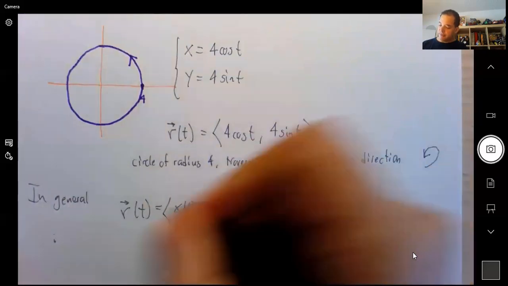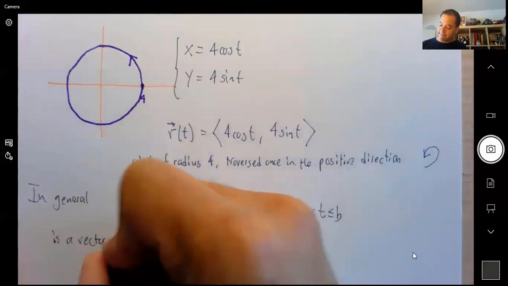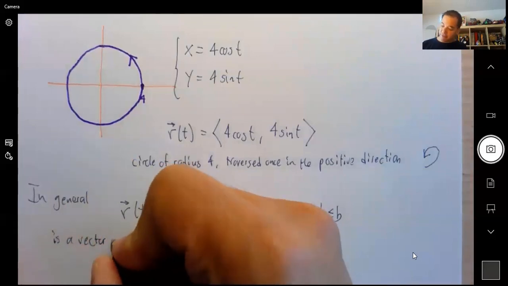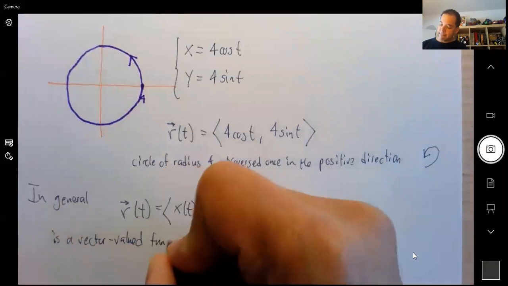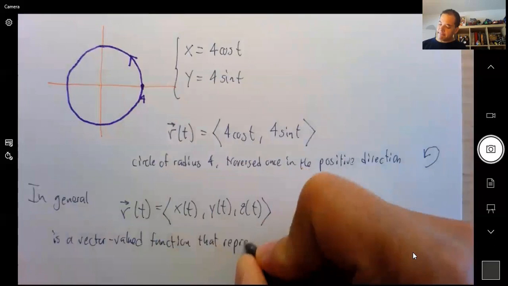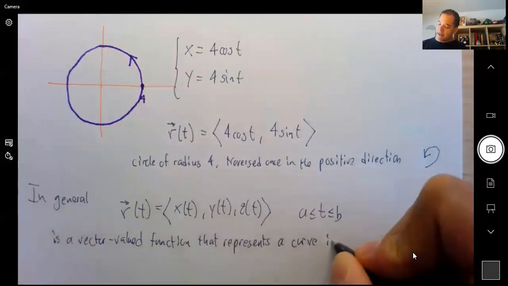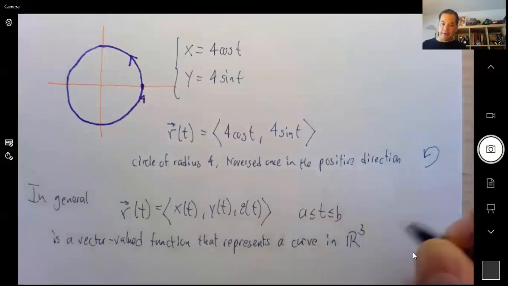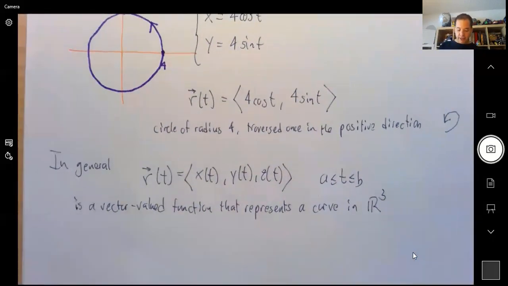In general, this is a vector equation, a vector-valued function that represents a curve in space, in 3-dimensional space, okay? And that's what we're going to be talking about.